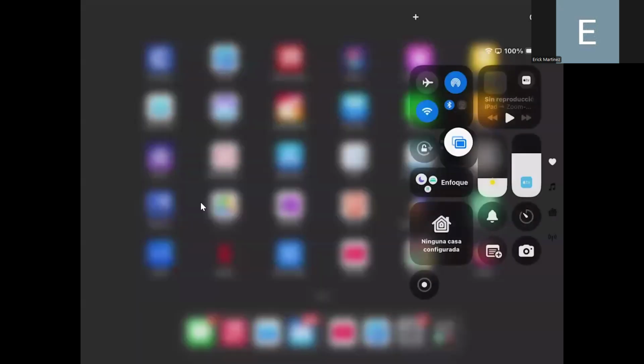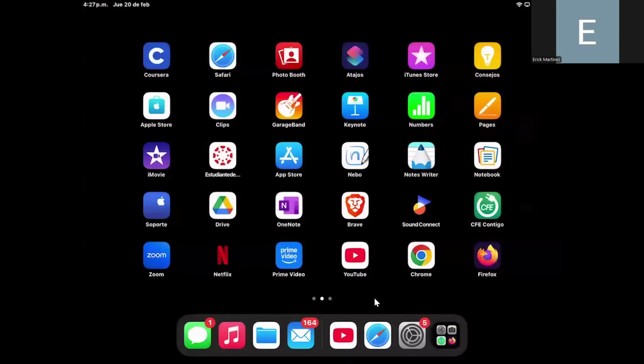Okay, and now I can share the screen from my tablet. Here I need to share the duplicate screen. Okay, now I have found it. So let's wait a little bit to share the screen now.